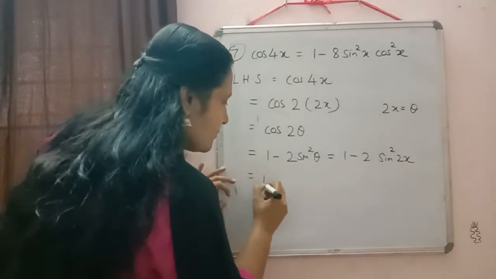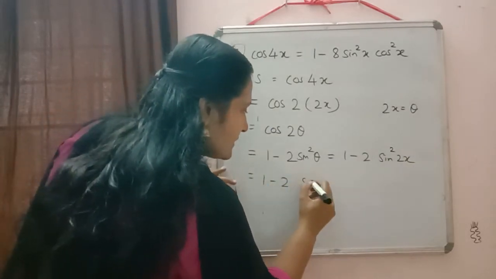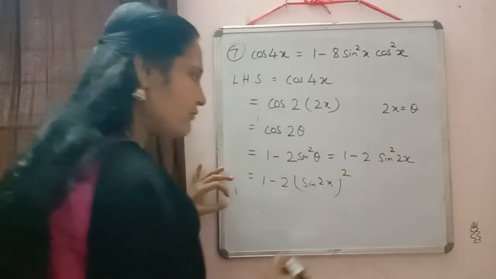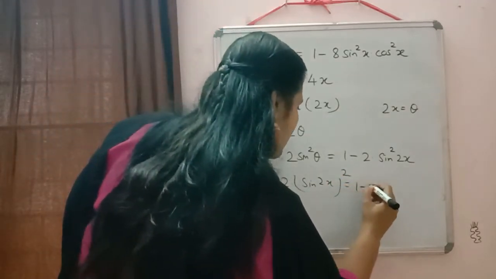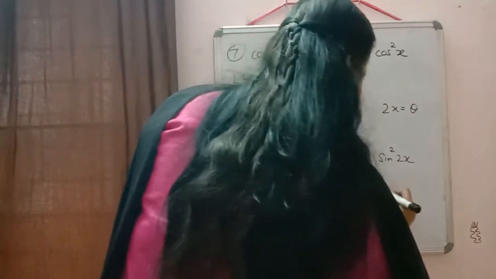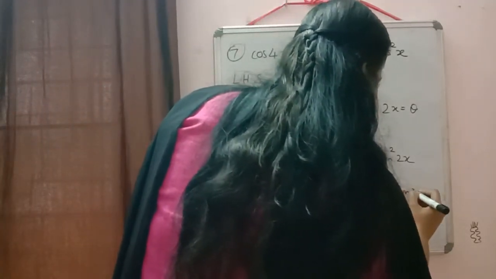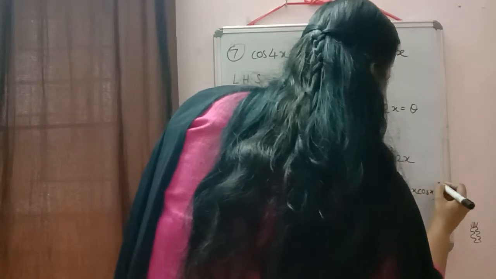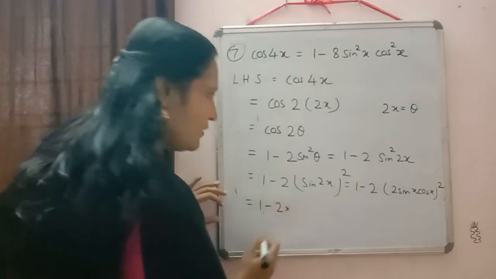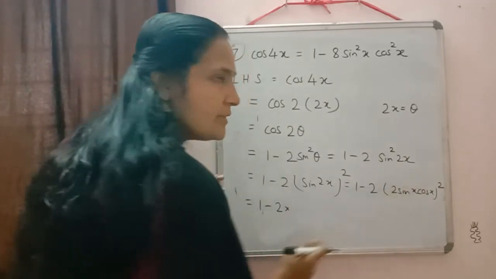So it will be equal to sin square 2x. Sin square 2x means sin 2x the whole square. And what is the formula of sin 2x? 2 sin x into cos x. So it will come here 2 sin x into cos x the whole square. So we will get 1 minus 2 into, square will come in all the factors.